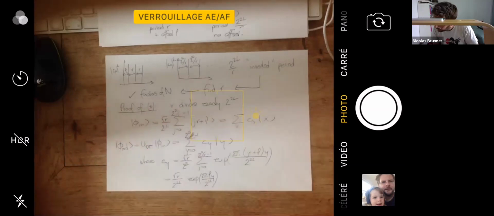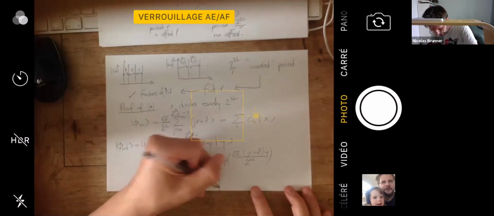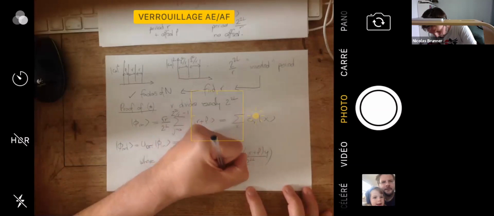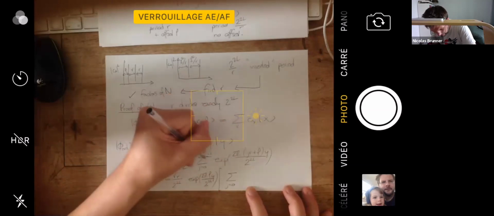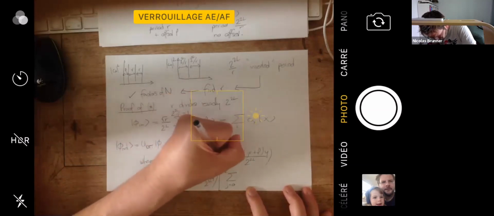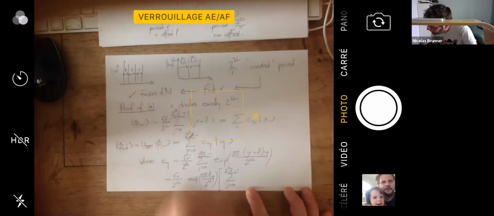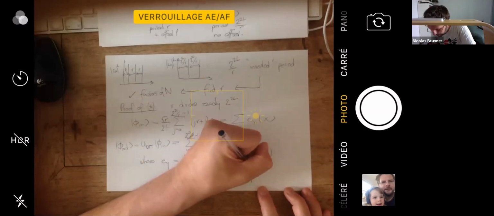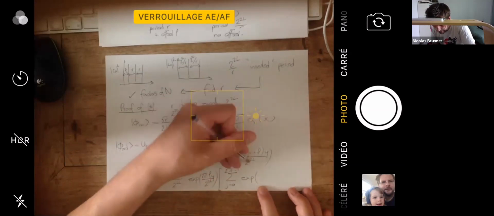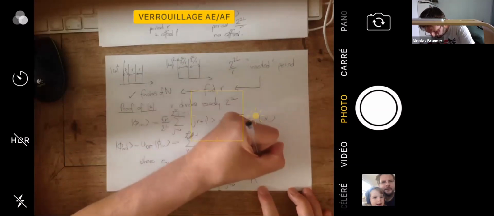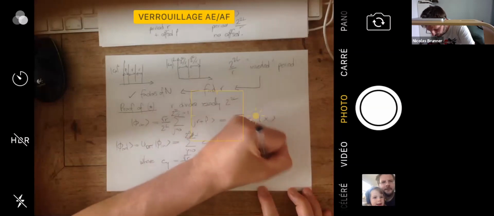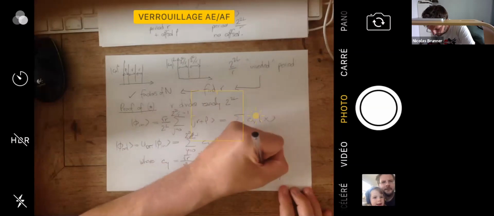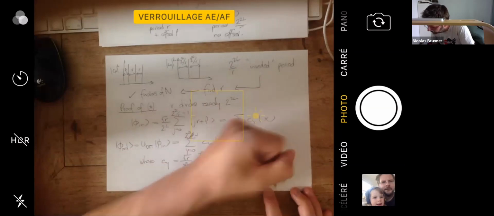Then we have a term that is interesting: the sum over J, up to 2 to the 2L over R minus 1, of the exponential of 2 pi I J R Y over 2 to the 2L.